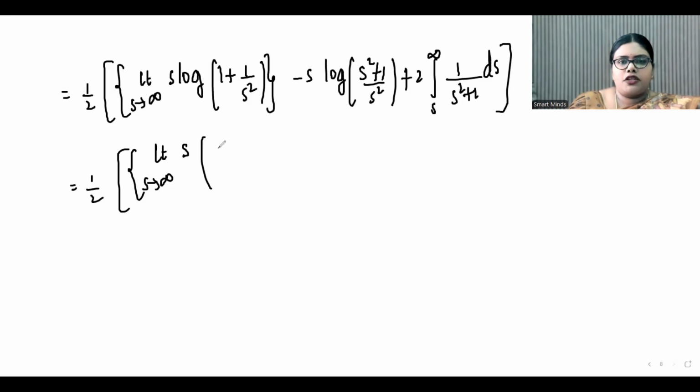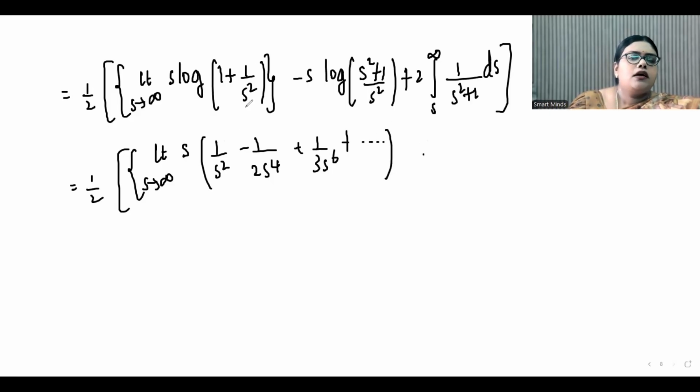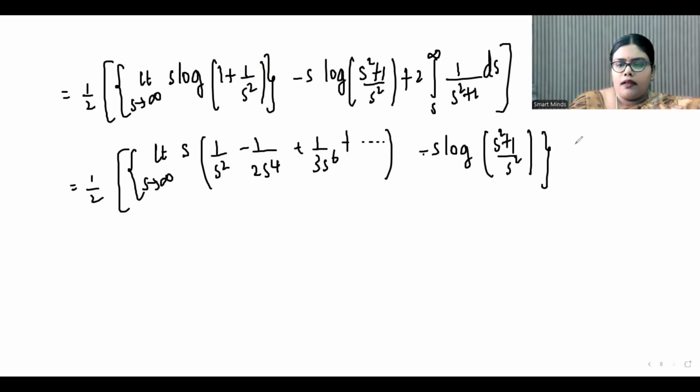We have an expansion here: 1 by s square minus 1 by 2s power 4 plus 1 by 3s power 6 plus so on. This is the expansion of log 1 plus 1 by s square. Then again minus s log s square plus 1 by s square as it is plus 2 tan inverse s from s to infinity, because integral 1 by s square plus 1 is tan inverse x.